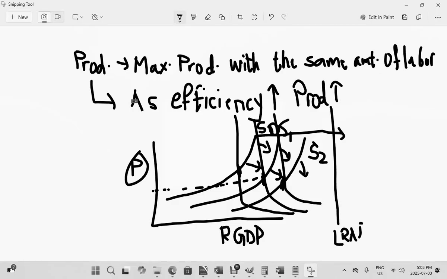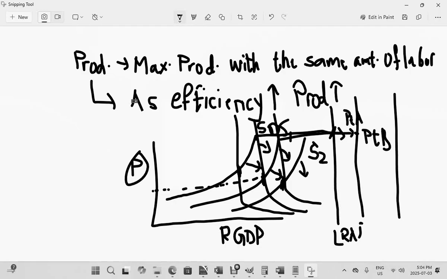And let's say the supply curve over here intersects the long range supply curve at point A. Now if the same supply curve was to shift to the right and become S1, it will intersect the long range supply curve, LRAS, at point B. So this becomes your point B. And then you have point C, point D, so on and so forth.